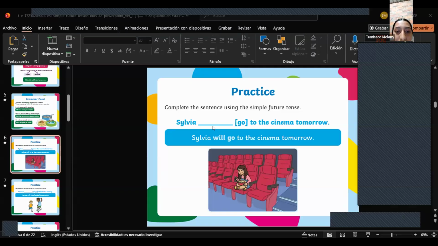Look at the time expression, tomorrow. This tells you the action is in the future. You use will plus verb. The verb is go. In the simple future we say I will go. The completed sentence is Sylvia will go to the cinema tomorrow.